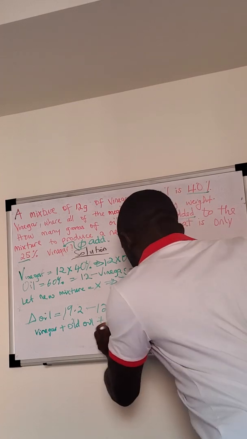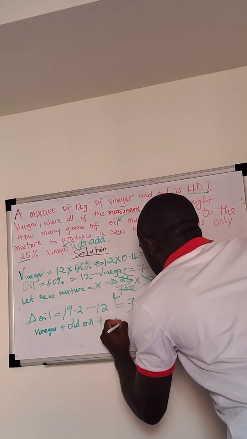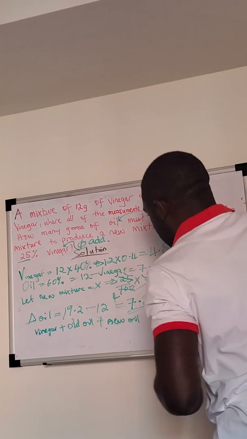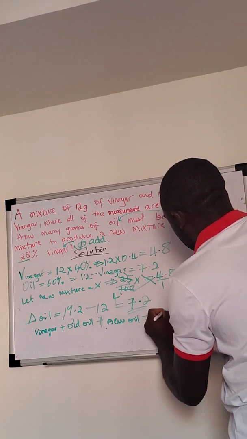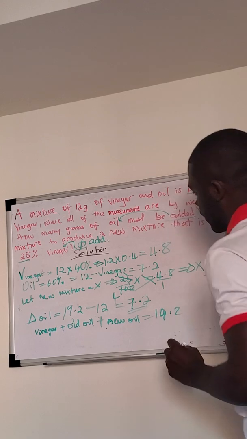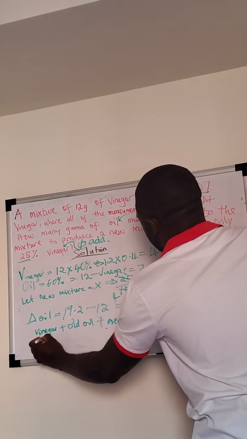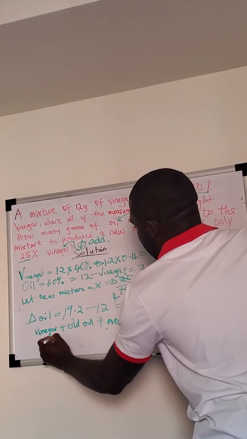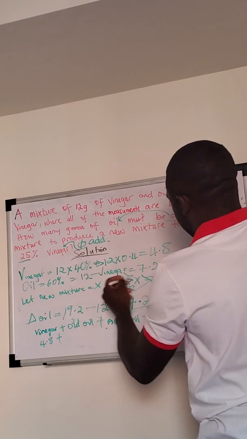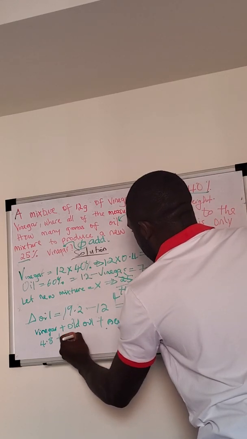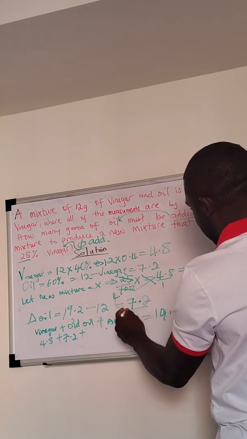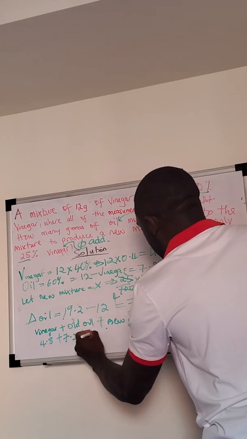We know vinegar to be 4.8. Old oil was, from our calculation, 7.2. New oil is 7.2.